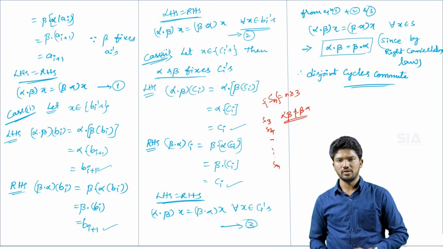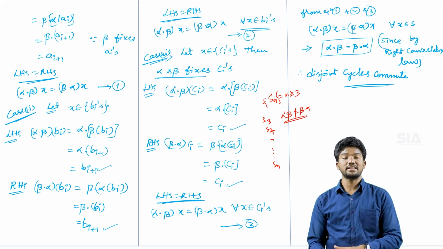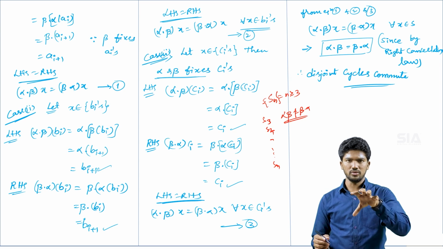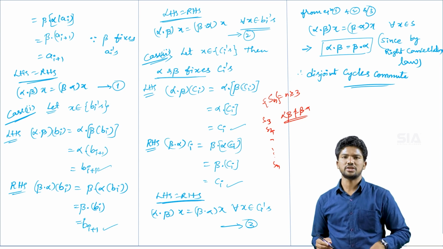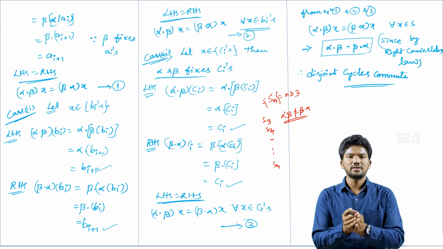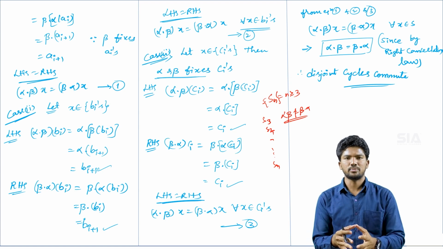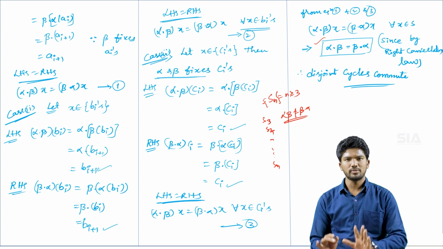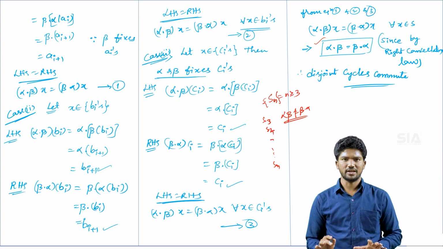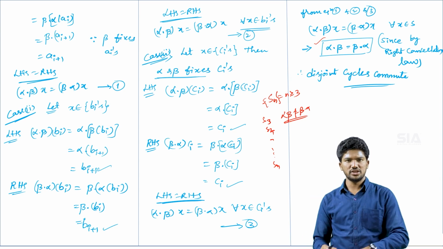But in this lecture we proved that alpha into beta is equal to beta into alpha. You have to recognize the difference between these two theorems. The symmetric group does not satisfy the commutative property, but disjoint cycles satisfy the commutative property with respect to multiplication. That is the difference between these two theorems.